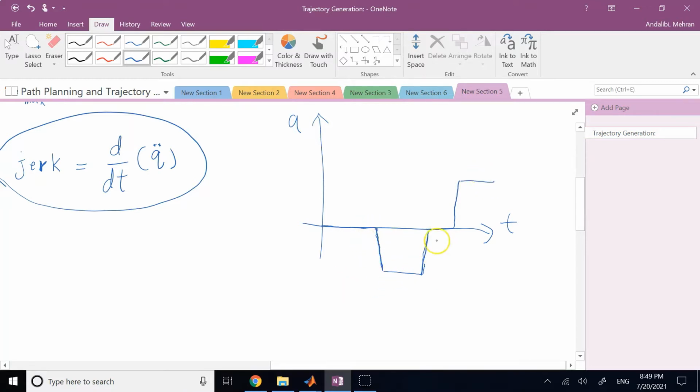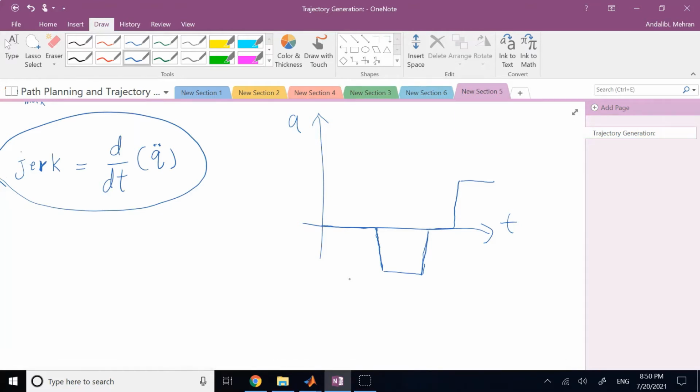If you look at this type of motion when you are sitting in the car, you feel all of these changes in acceleration, which are basically changes in the forces applied to your body. If the forces applied to your body from the seats of the taxi change like that, you're not going to feel comfortable. One time the seat is pushing you, the other time you are going into the windshield, and so on.